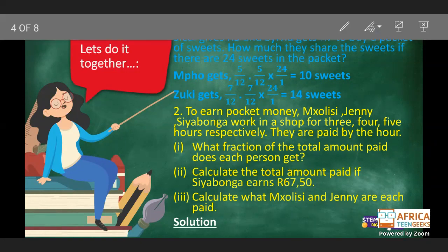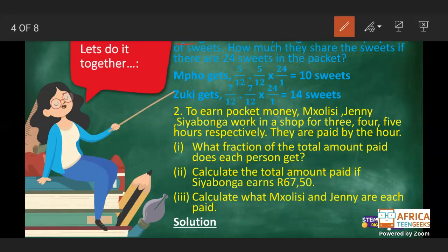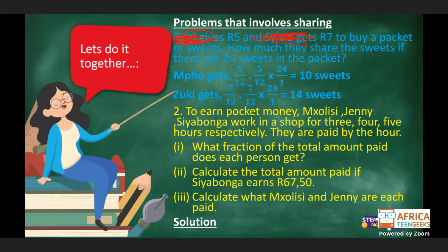Let's change the names. Sicelo is Mpo, and Sylvia is Zuki. So we have Mpo and Zuki. Mpo gives 5 rand and Zuki gives 7 rand.